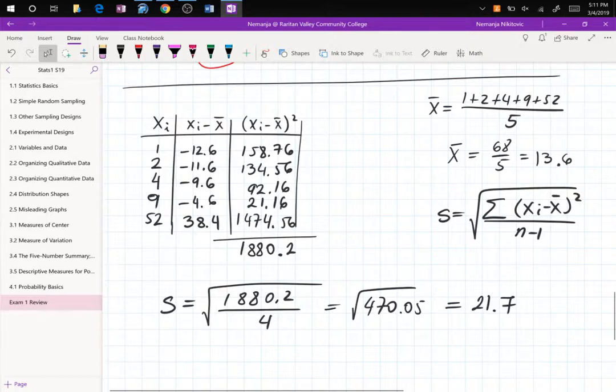Then x bar is the sample mean, and on this side mu is the population mean. Then you have lowercase s for standard deviation, and sigma on the population side.